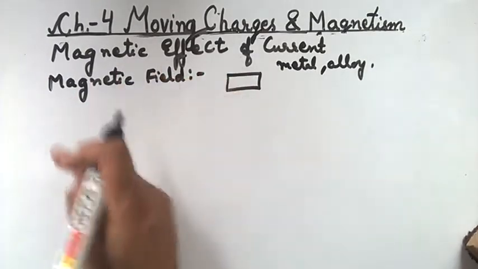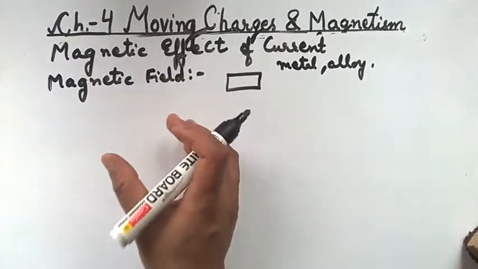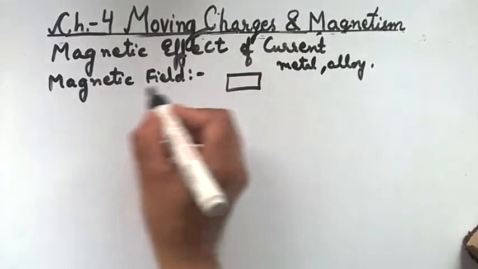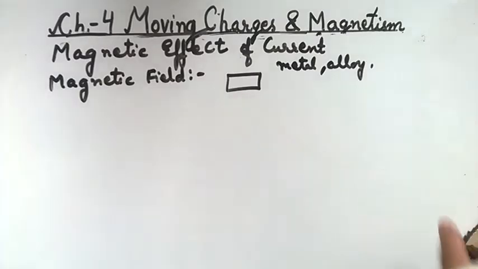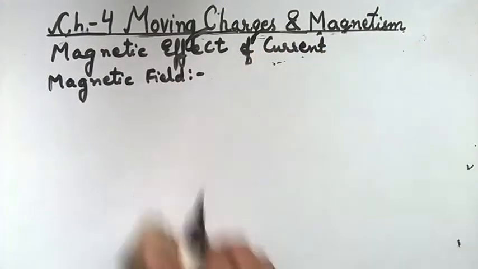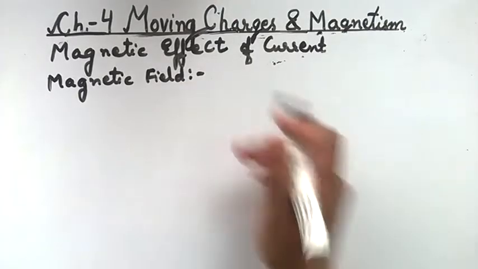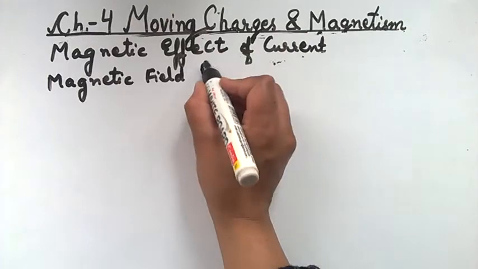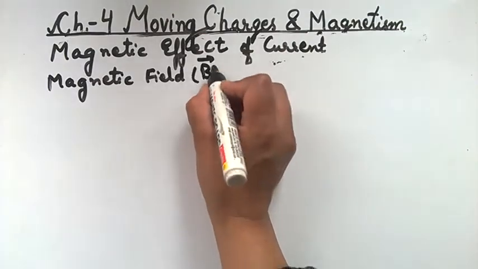That is, a current carrying conductor has some magnetic properties. Magnetic field is denoted by capital B, and it's a vector quantity.